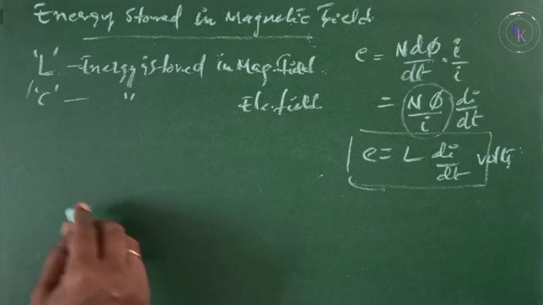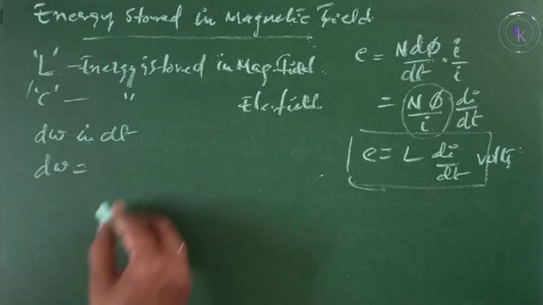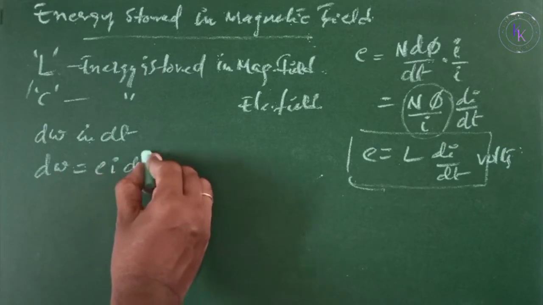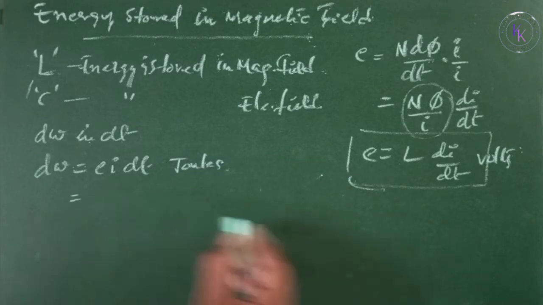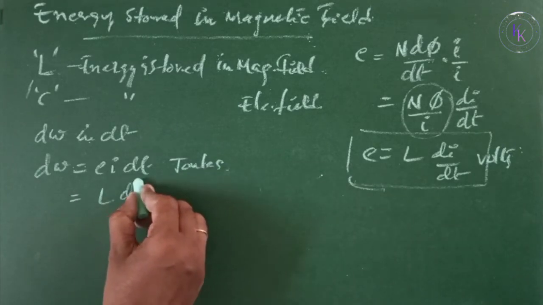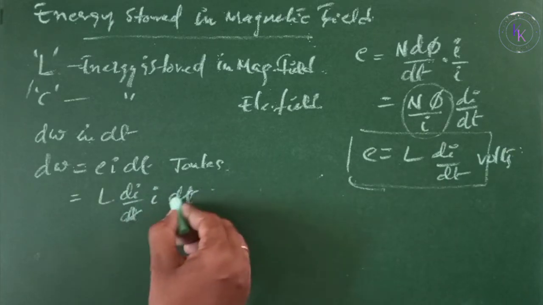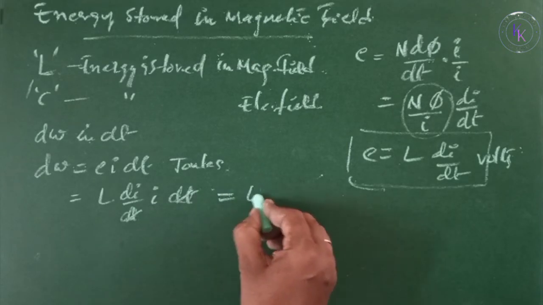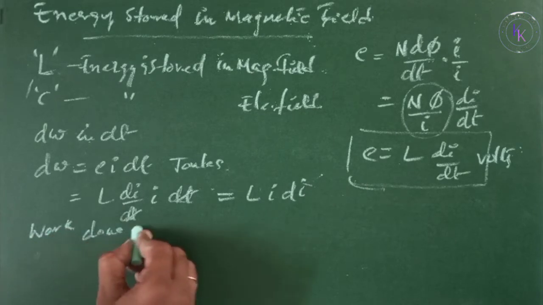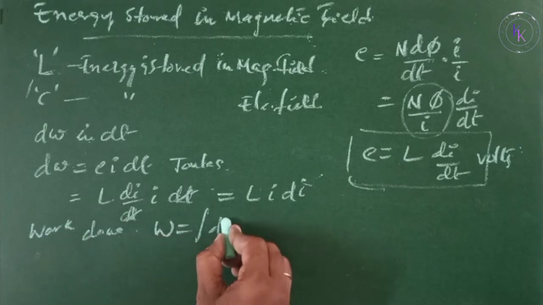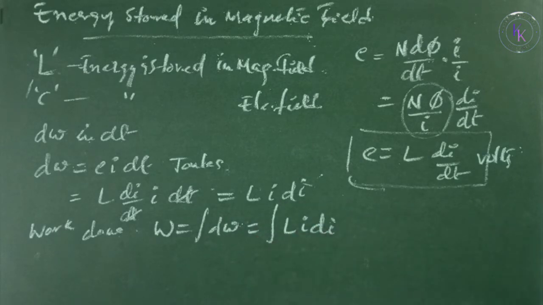Let the differential work done dW in dt time be given by dW equals e i dt in joules. Let us substitute this value, L di by dt times i dt. Now dt gets cancelled, so the differential work done is given by L i di. The total work done W equals the integral of dW, which equals the integral of L i di.